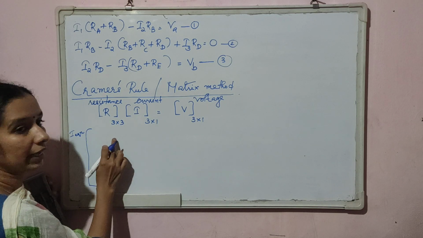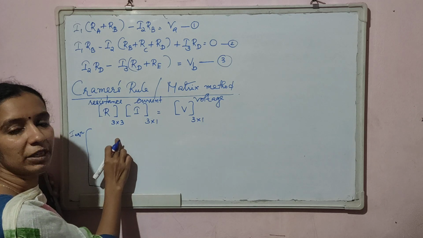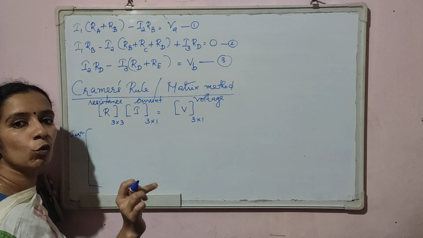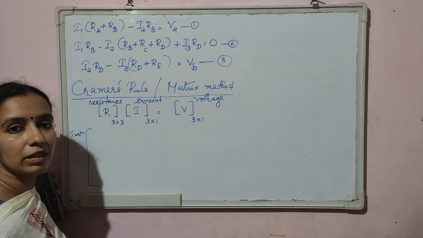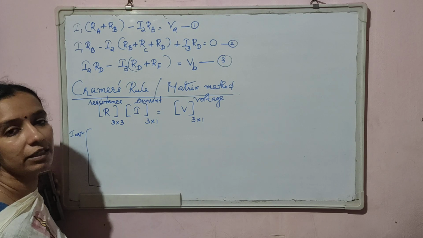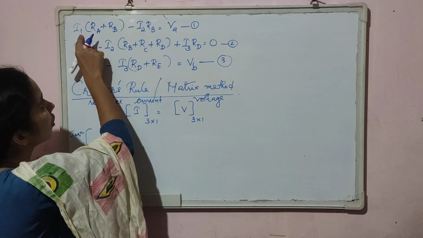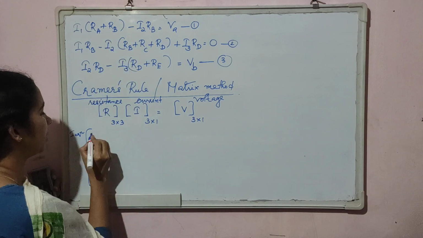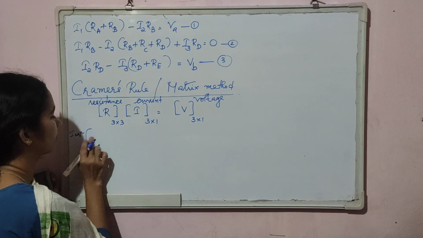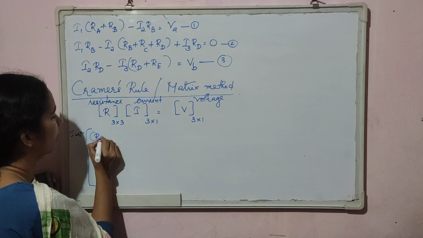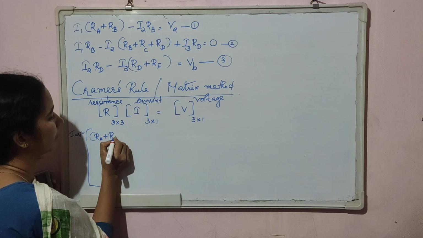The first row, first element, that is element 1 1, will be the coefficient of I1 in the first equation. So the coefficient of I1 is Ri plus Rb.